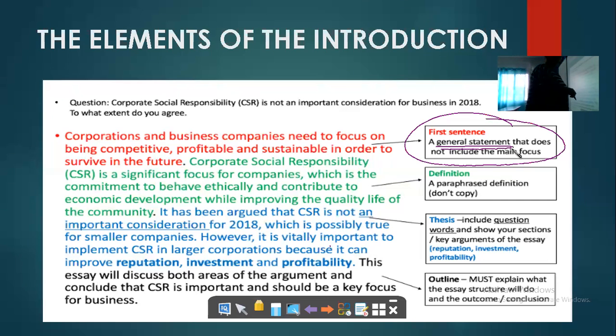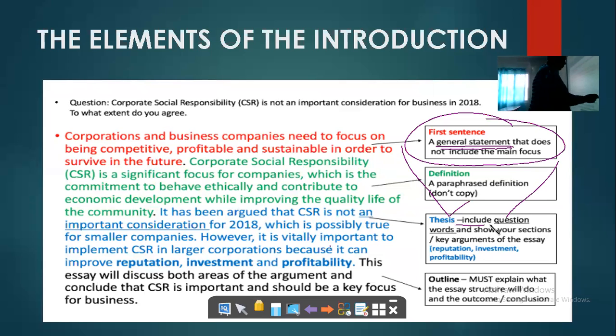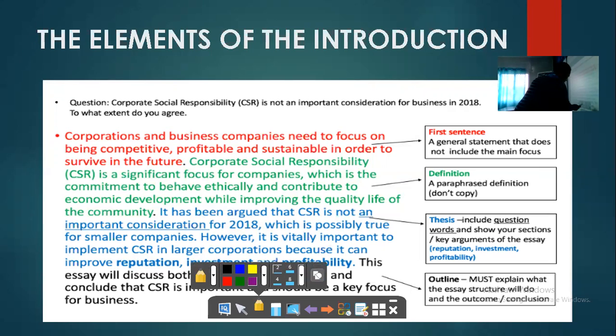What's the general idea? Then from the general idea, we have to come down to the narrow idea. So from the big idea, we come down to a small idea. Out of that, we can create our thesis statement. Then we create our link to go to the next paragraph. All right, we are clear about that. So in the introduction, general statement.